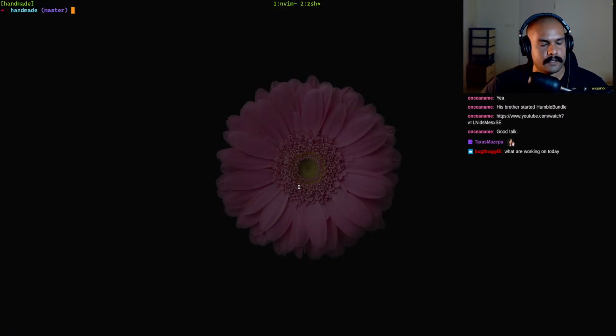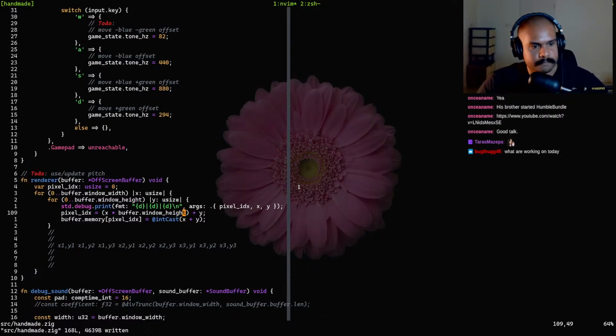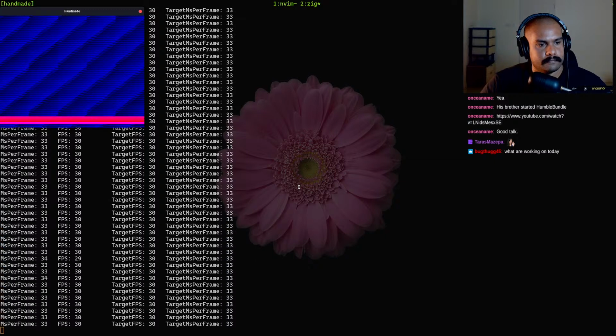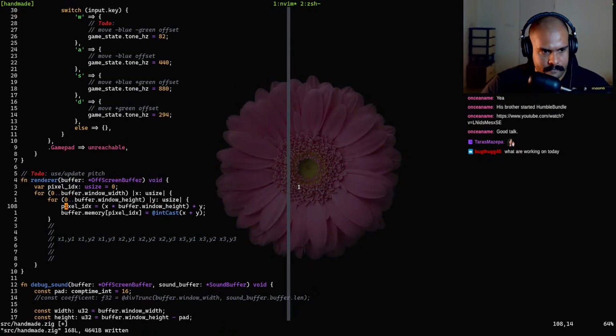Okay, that's not right. Okay, it's printing something. I don't think it's right.